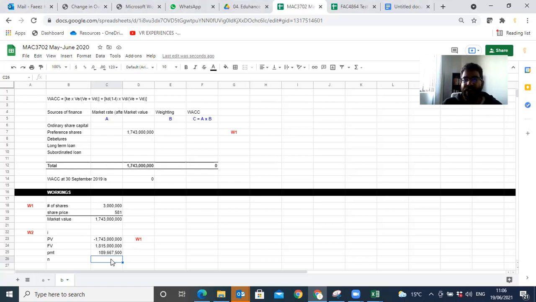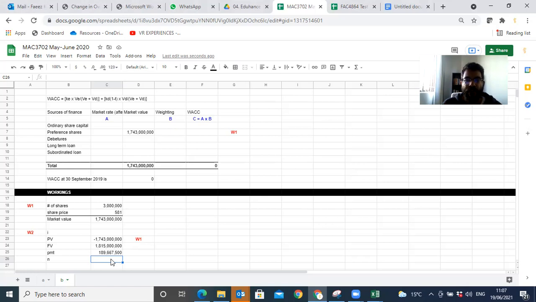For us, it's only one payment period, once a year. So basically it is the remaining number of years times the number of payments per year or compounding periods per year. There's only one payment period per year, so N is equal to the remaining number of years.